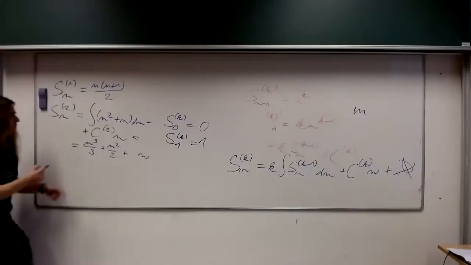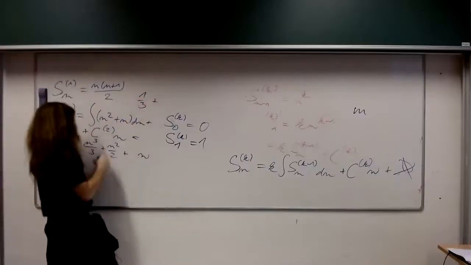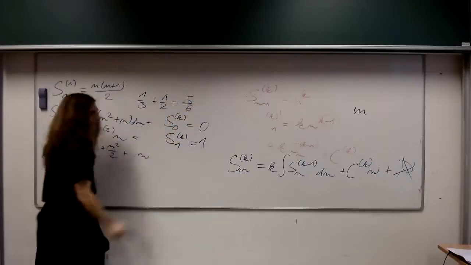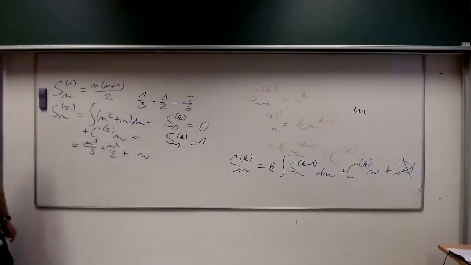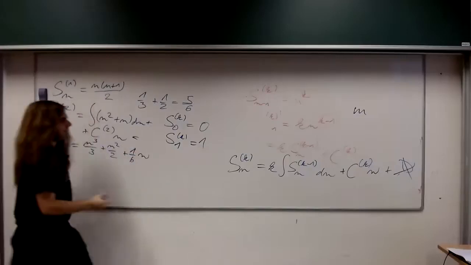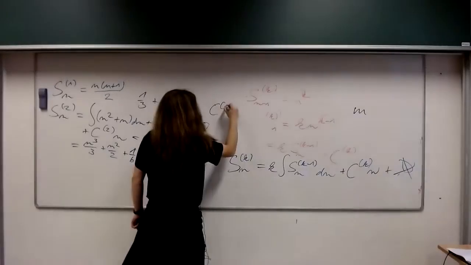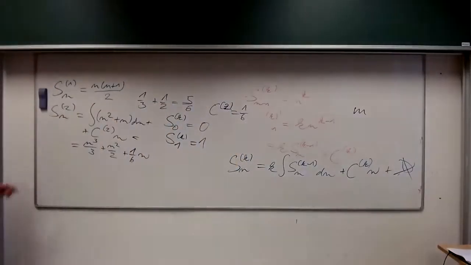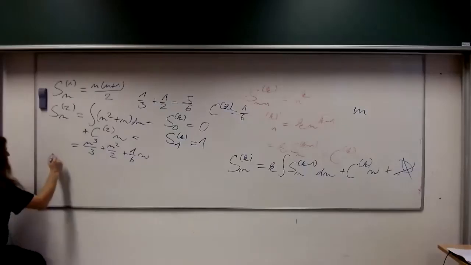So here we have 1/3 and 1/2, which is 5/6. So the number here needs to be 1/6. And hence we know that c2 is 1/6. And we can go further and further with this.